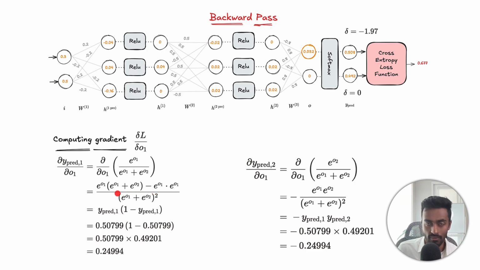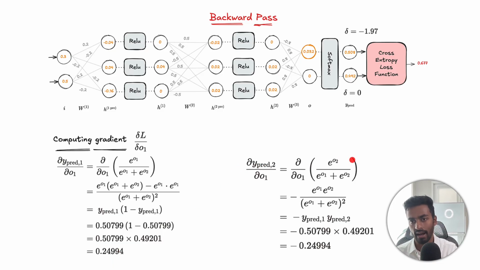That's exactly what we're seeing here. If you split this out, you can rewrite it as ypred1 times 1 minus ypred1. Substituting the values, you get 0.25.